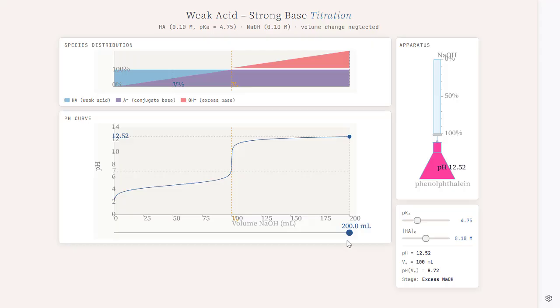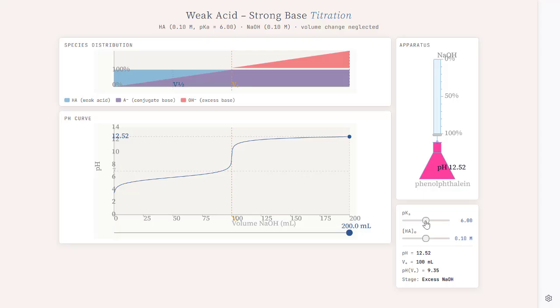Going to leave the slider here and play a little bit around with the pKa and the concentration of our analyte. So when I change the pKa, the buffer pH changes a little bit, and the weak acid pH and the conjugate base pH. So this point, and this curve.